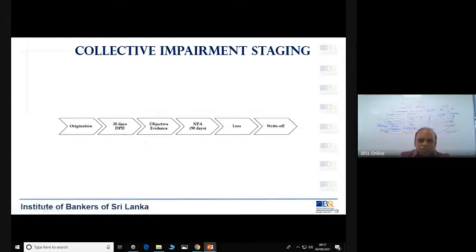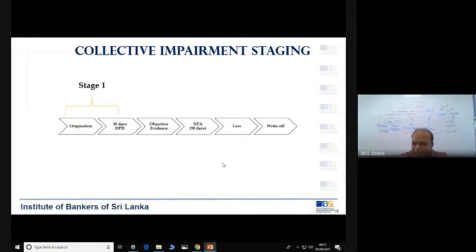So this is the same diagram that I showed you at the beginning. There is an origination. Then you reach 30 days past due, objective evidence, then you reach the 90 days past due, loss and the write-off. Can you remember? It's the same diagram. Now see what is going to happen. Under this collective impairment, we need to do something called staging.